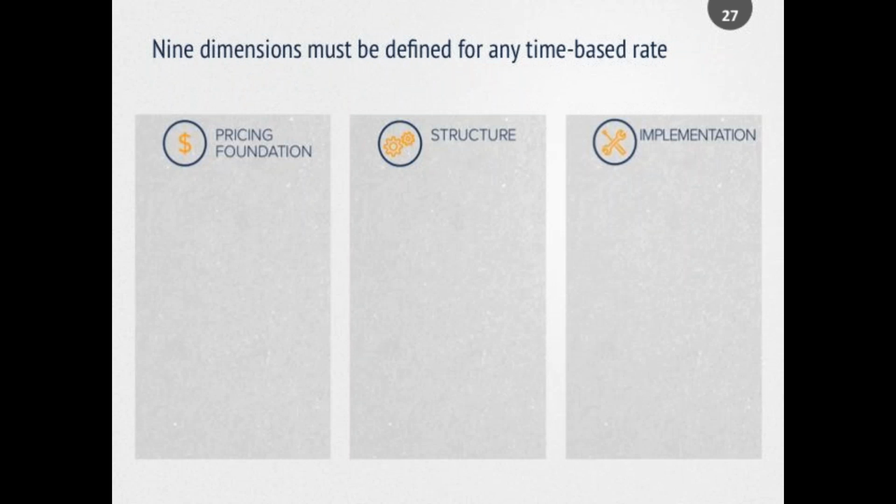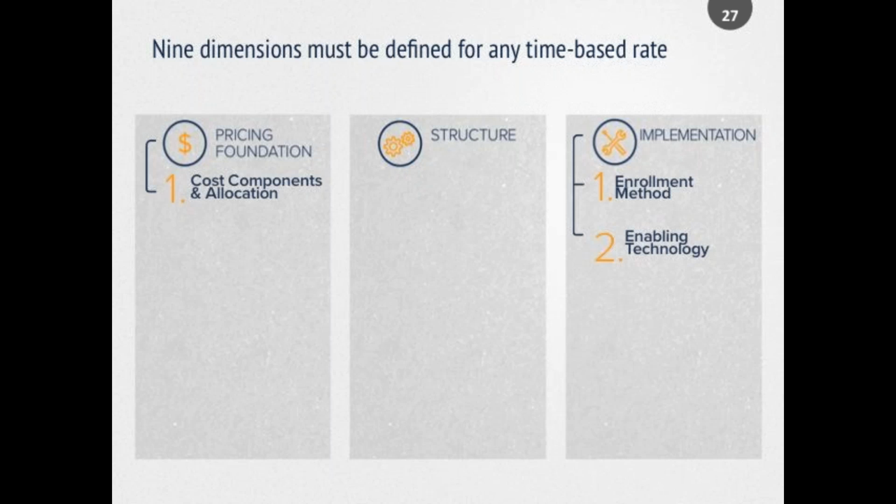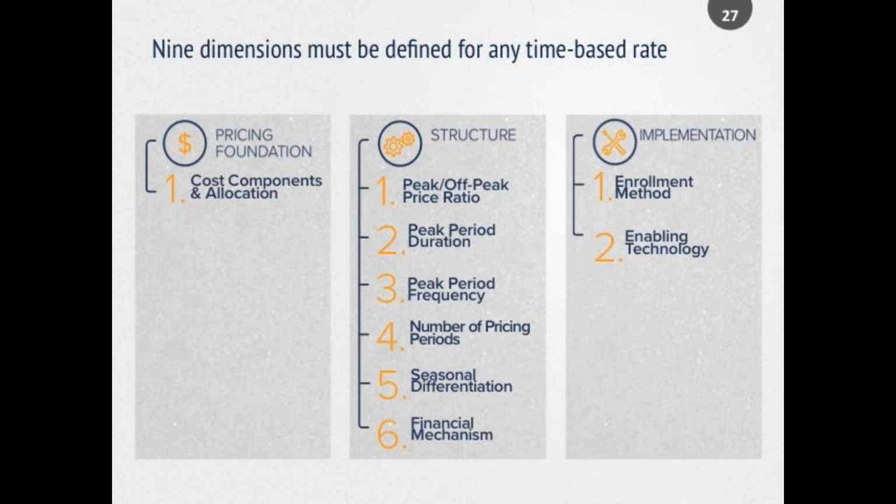In this slide, we start to look at these design choices in more detail. Similar to the framework that we provided for demand charges, design choices for time-based rates can also be classified in three broad categories, including pricing foundation, structure, and implementation. While some of these dimensions, including those under pricing foundation and implementation categories, remain the same as those for demand, new ones include peak off-peak price ratio, or what we call the POP ratio, which is pretty self-explanatory.